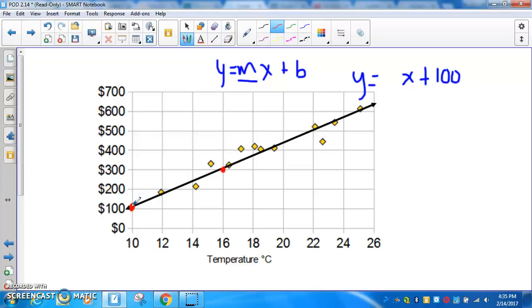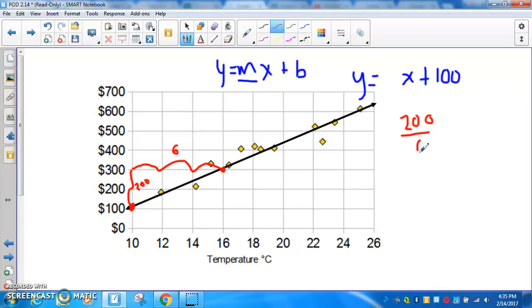Now that I have those 2 points, I can count the rise. It appears to be 2 over 3, but watch yourself. Look at your scales. In going up 2, I actually rose by a whopping 200. And in running 3, I actually went from 10 to 16, which is over 6. 200 divided by 6, you might have to do some simplifying.